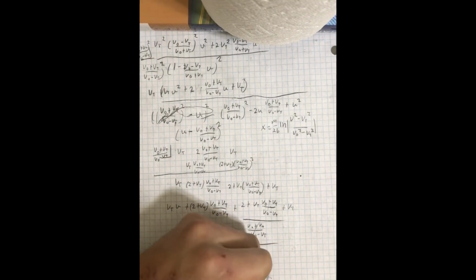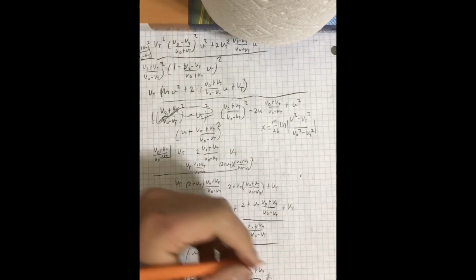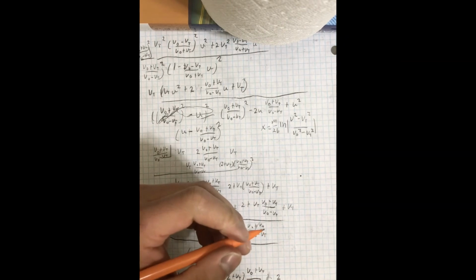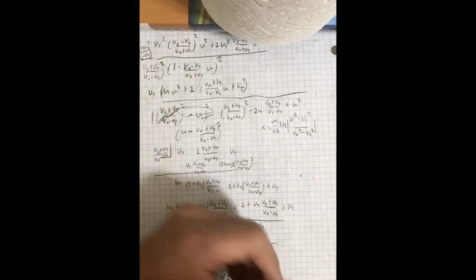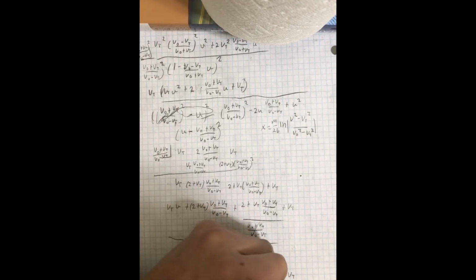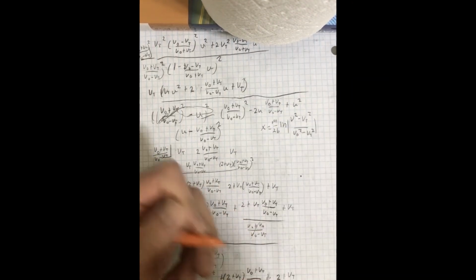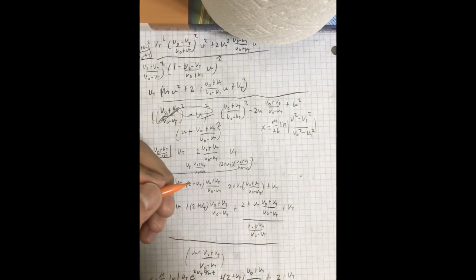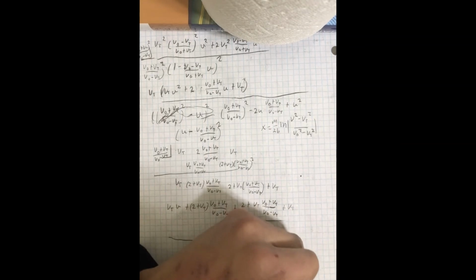And it's going to be plus 2 plus vt over v naught plus vt, v naught minus vt plus vt.